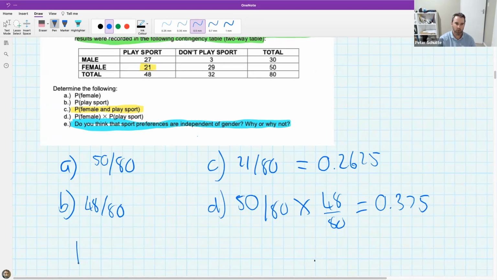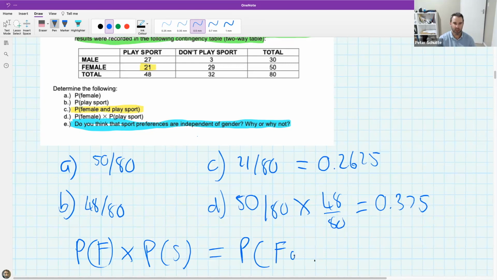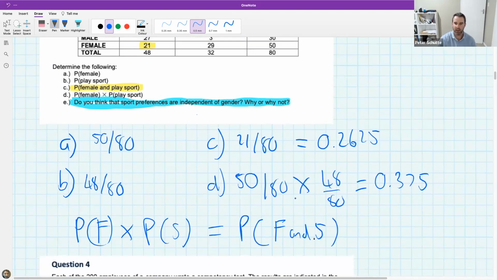Well, I think we need to check, is the probability of being female and the probability of playing sports, is this the same as the probability of F and S? I think we may have worked that out already. So female and play sport was C, which is 0.26.